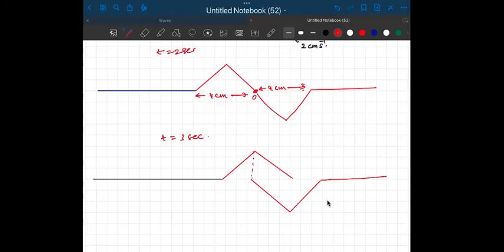This is point P, the location of point P, because for every 1 second, it travels 2 centimeters. That is point P. Get the point? Now, previously, this is O. Now, this has moved to this point. This particular line shifted over to here, like this.